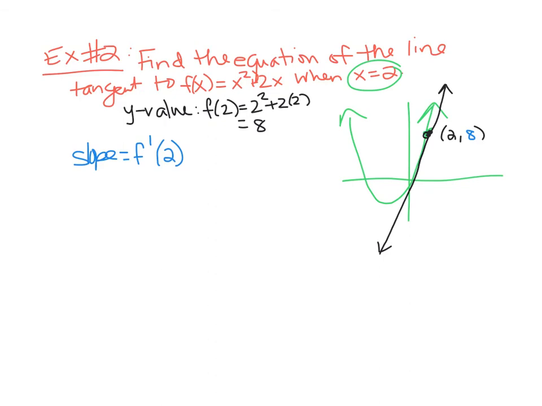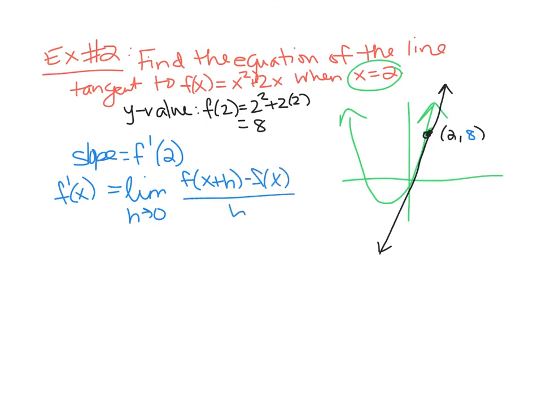So there's a few ways that you can do this next part. I'm going to show you one way to do it. Keep in mind that this is going to be the limit. So our definition again is this: the limit as h approaches 0 of f of x plus h minus f of x over h.